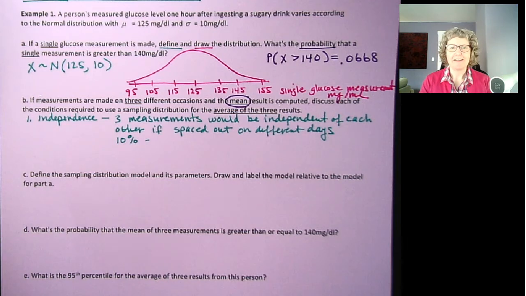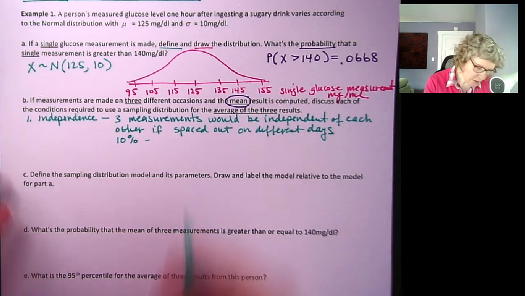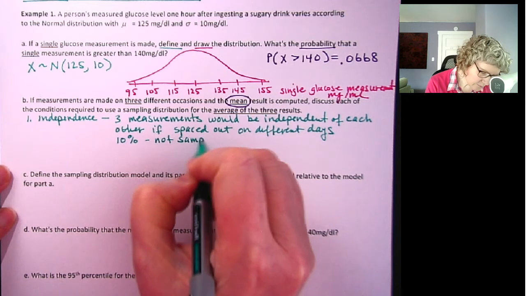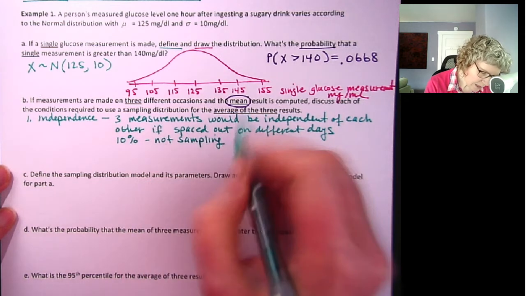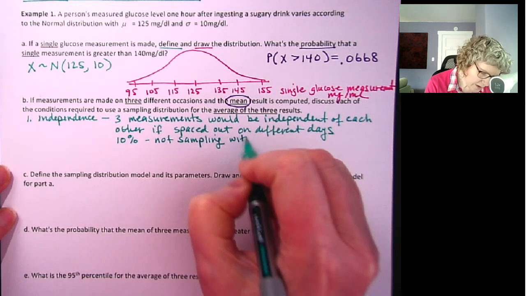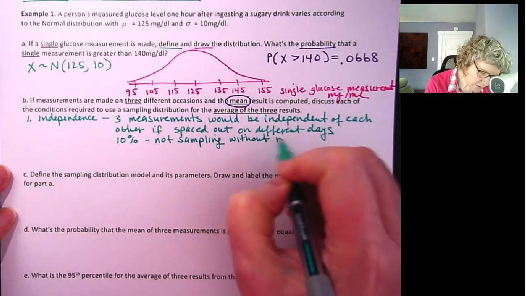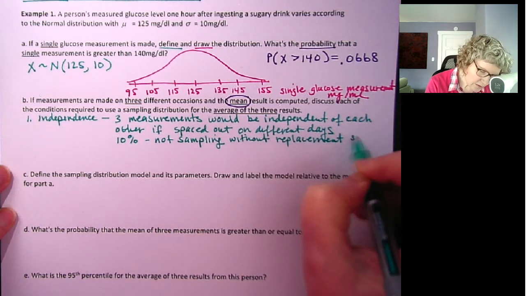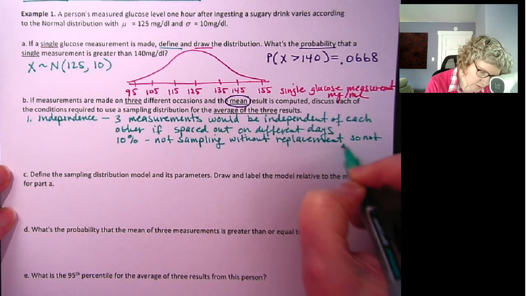It's just that this is not a surveying situation where you take 1 out and then 2 more out, and it's a with or without replacement situation. So I'm just going to say we're not sampling without replacement. So not an issue.